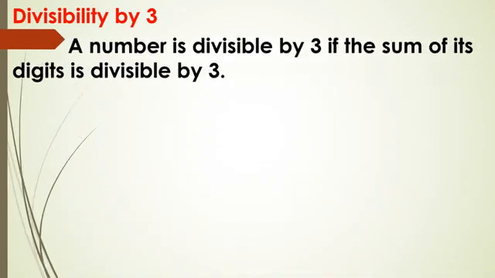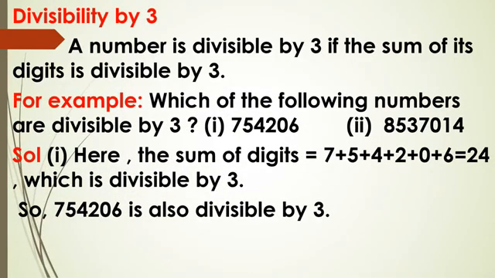It's very easy. A number is divisible by 3 if the sum of its digits is divisible by 3. See the example. Which of the following numbers are divisible by 3? First is 7,54,206. Find out the sum of its digits.